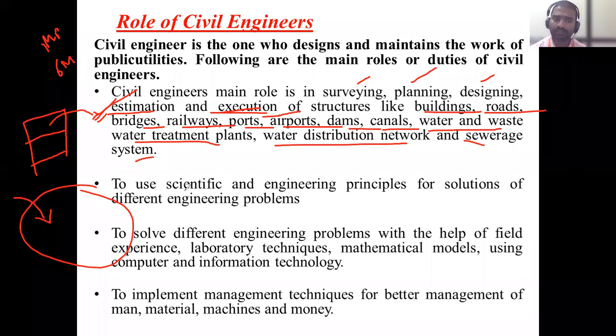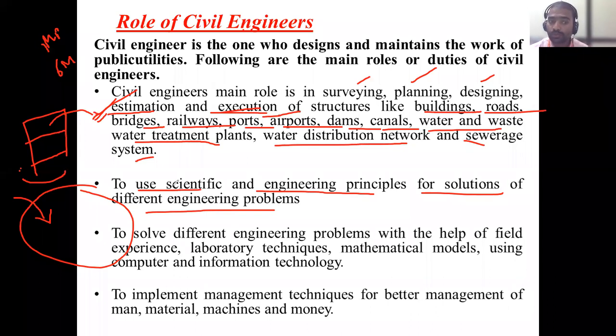Again, what else do civil engineers do? To use scientific and engineering principles for the solution of different engineering problems. So a problem came up: while constructing the building here, some problem came up in between. That problem I need to solve.